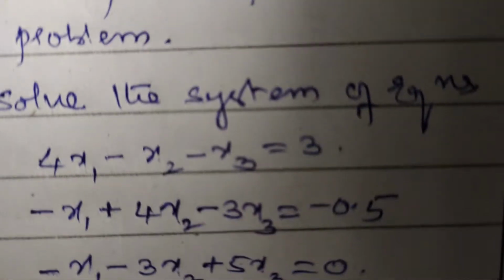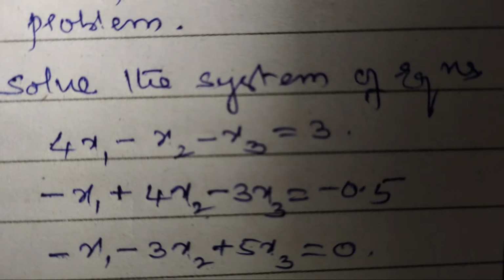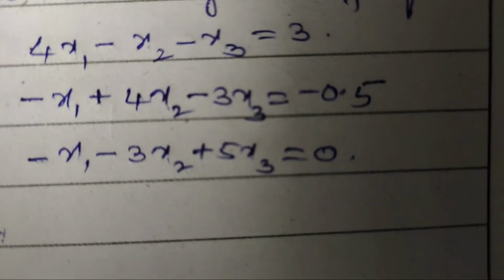First, in the Cholesky method, we are going to find A equals L into L transpose.